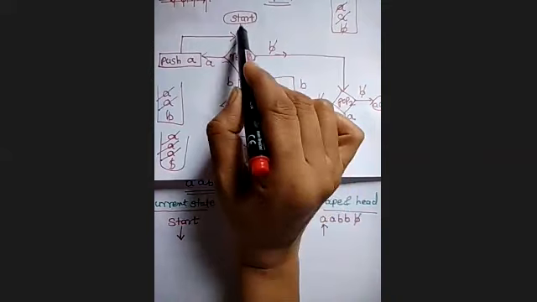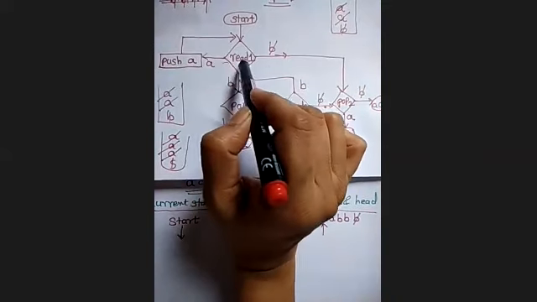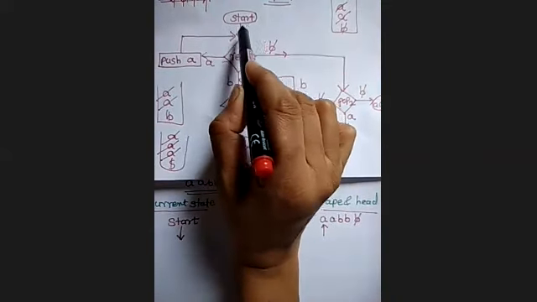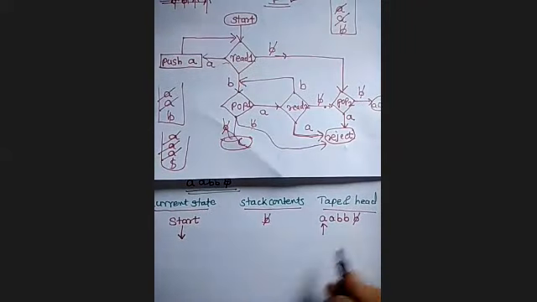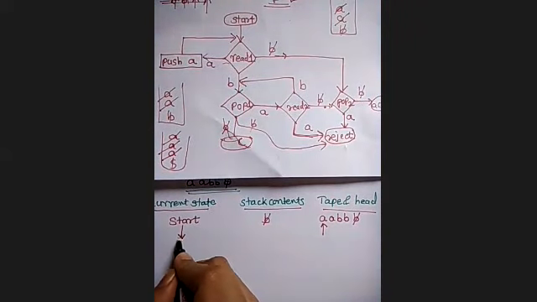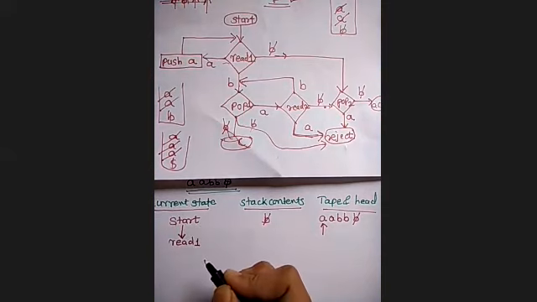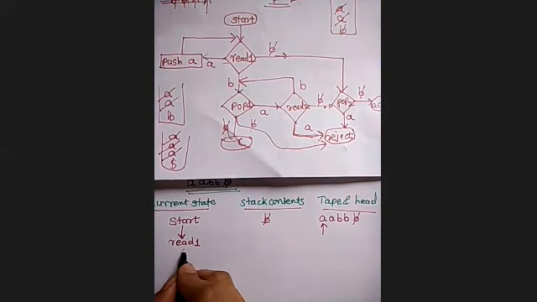And from start to read 1, in between we are not reading any character from the input tape. So this arrow is not labeled by anything, but the next state is read 1. Okay, and from this read 1, then what will it read?